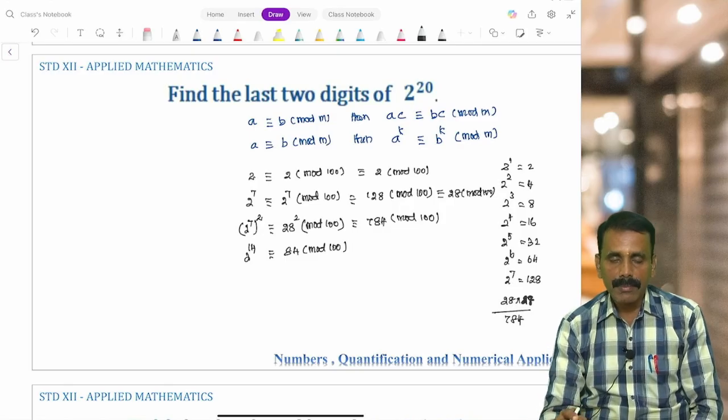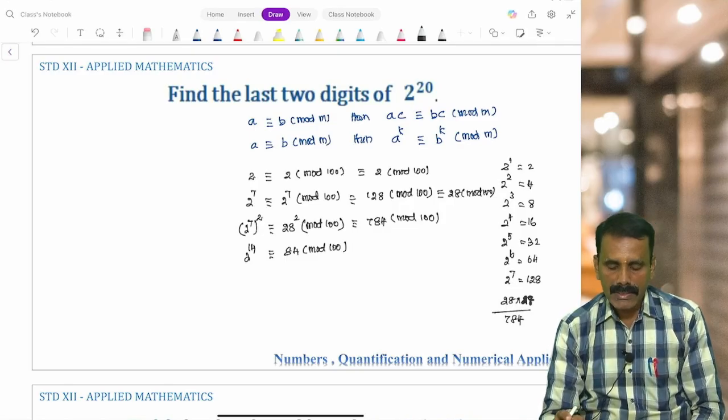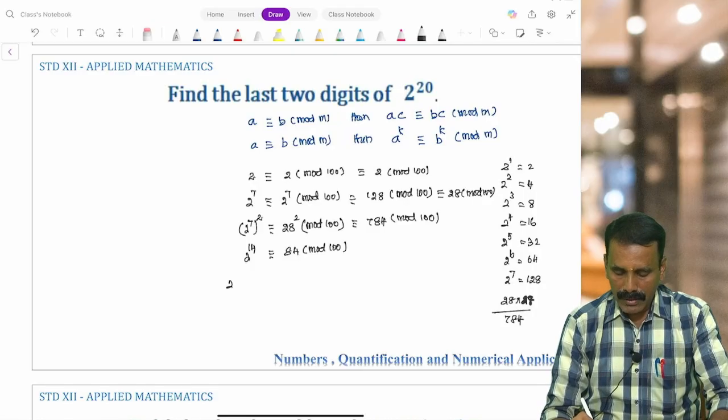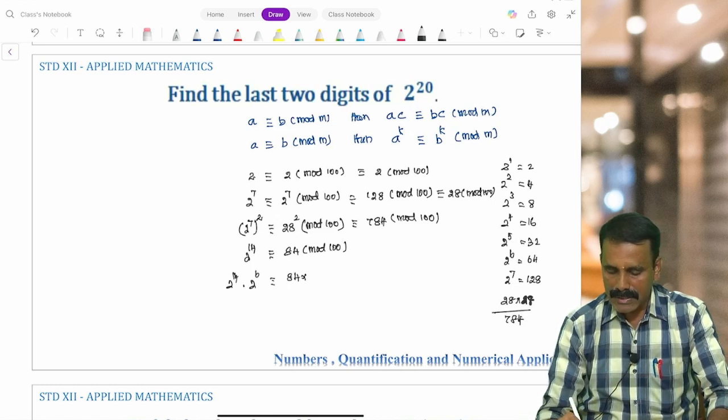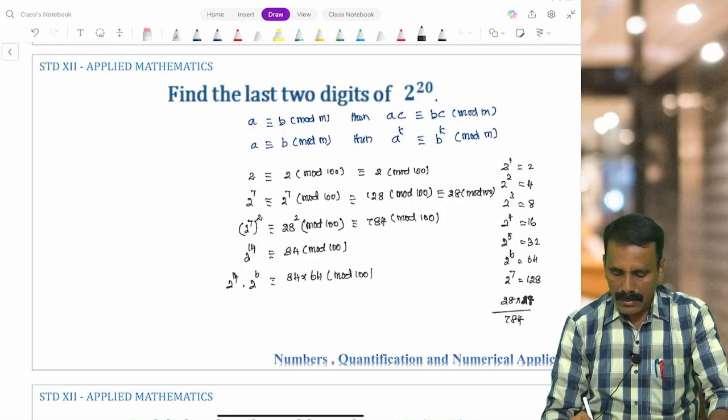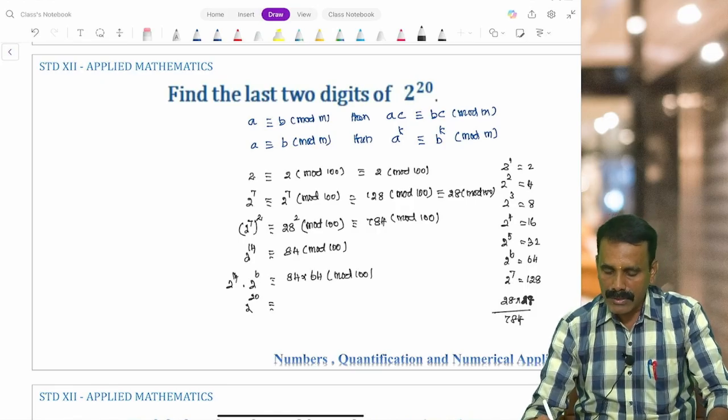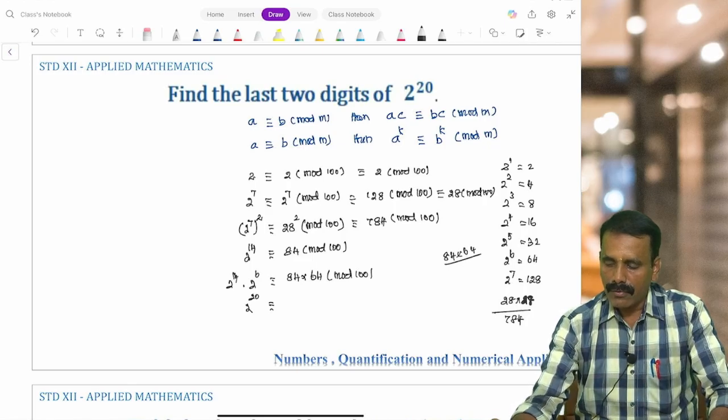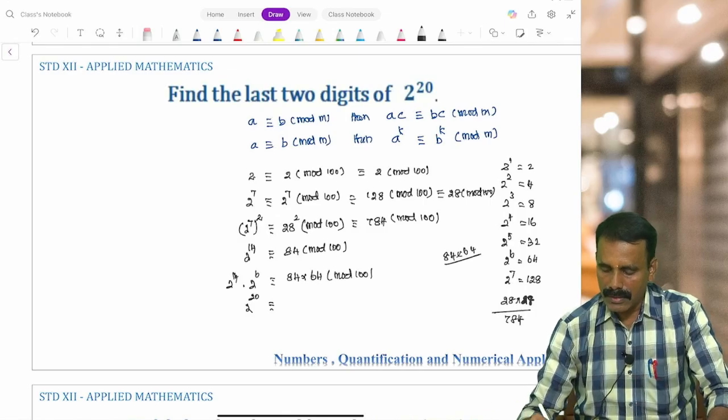So what we are going to do is multiply both sides by 2 power 6. So 2 power 14 multiplied by 2 power 6: 84 multiplied by 64 mod 100. So 2 power 20 is congruent to 84 into 64. 84 into 4 is 336.